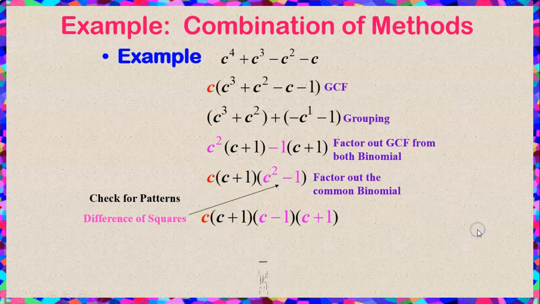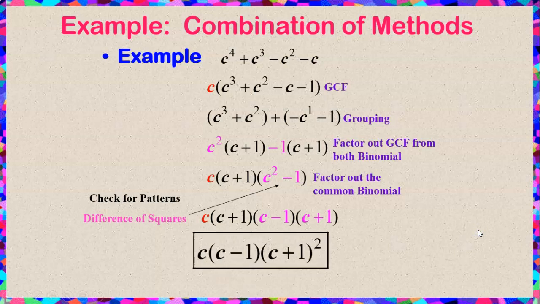So it takes all of that to be my final answer, because if I didn't have all of that, I couldn't multiply that back together and get back to the original problem that I started with. So if I leave off any of those factors along the way, like the c at the beginning or the c plus 1 that develops along the way, then I wouldn't get the same 4-term polynomial that I started with. So that's very important. Never leave out those factors when you're factoring. And since there's no patterns left there, we know we've finished the factoring process.